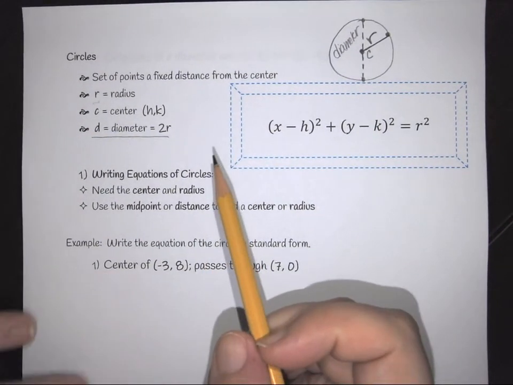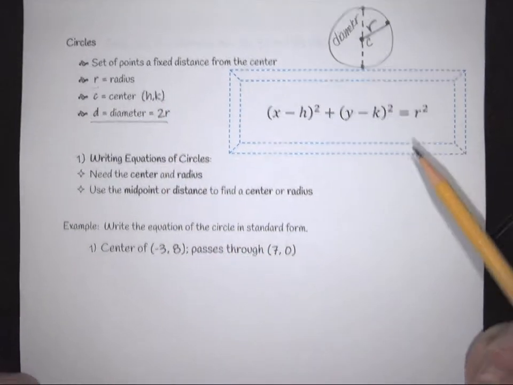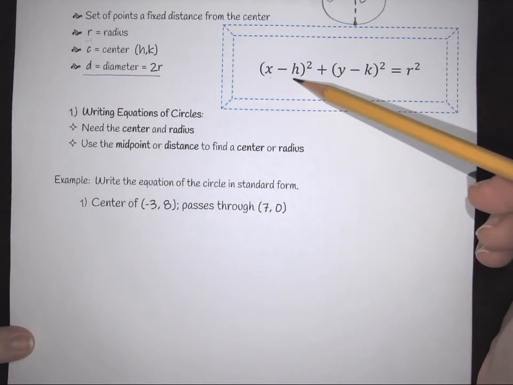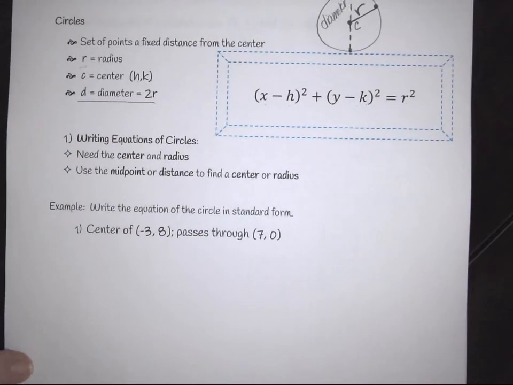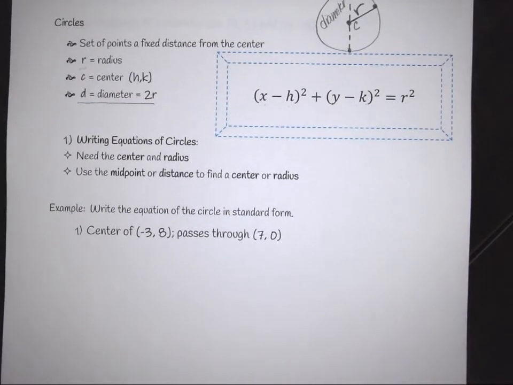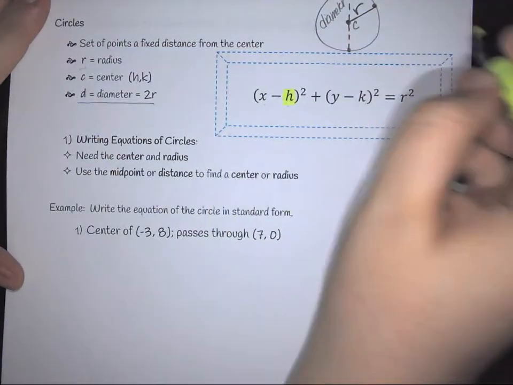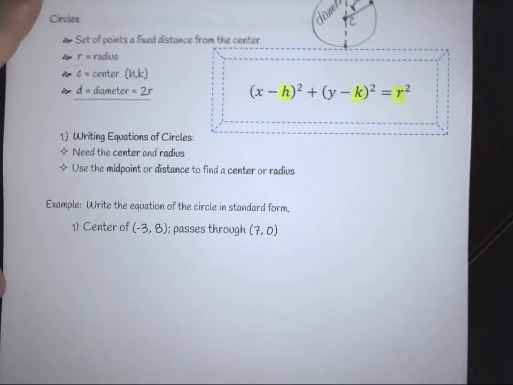Now the other brand new variables we have are h and k. If we look at this equation here, we have x minus h, y minus k, and an r. In this equation, there are only three variables where you would input numbers: the h, the k, and the r.